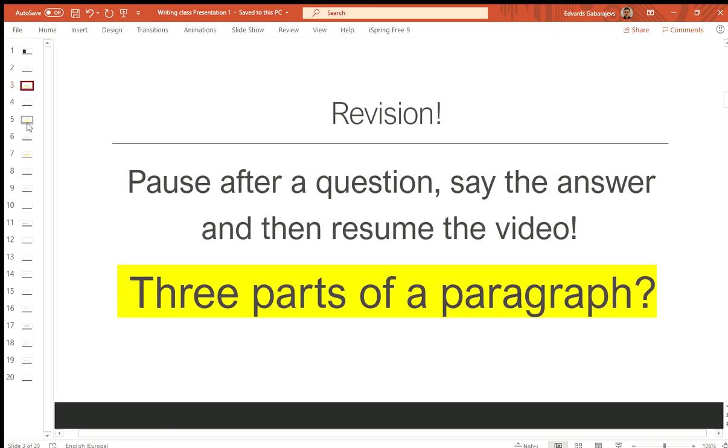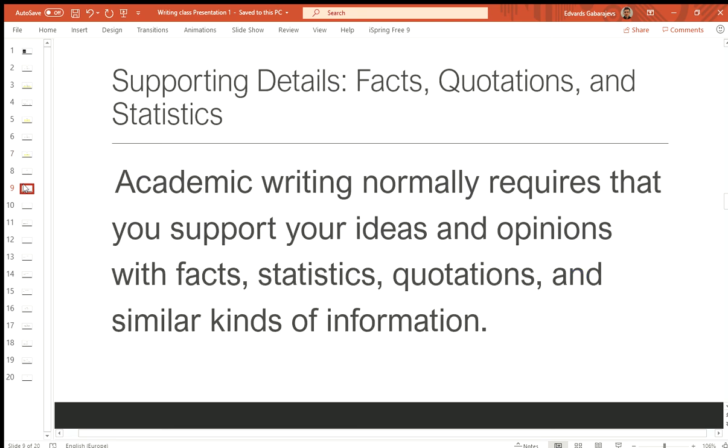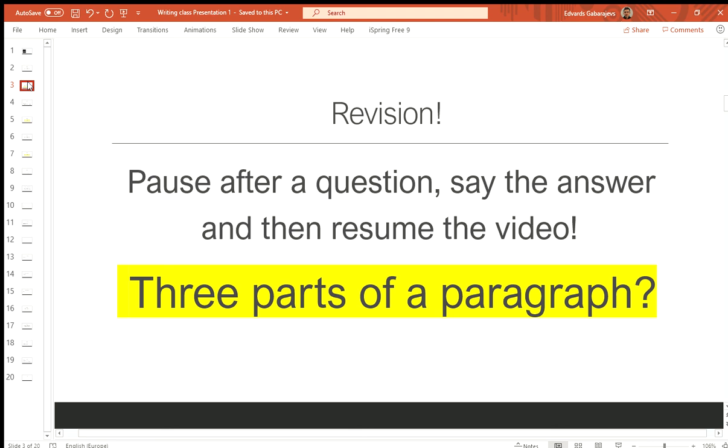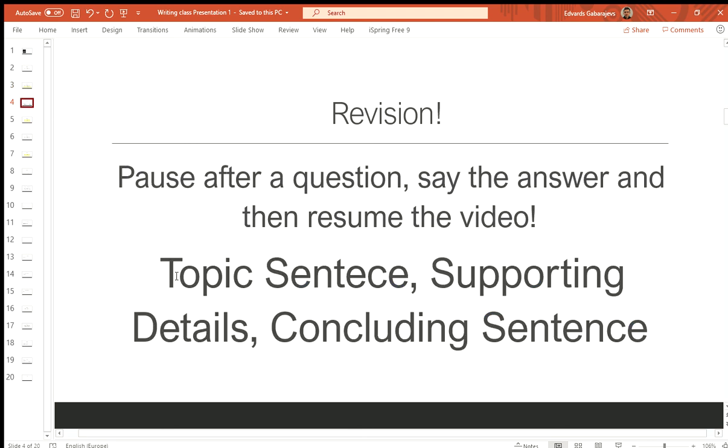So I will summarize, right? I guess a lot of you have already read the handout. This video is an extra support for that. Supporting details, facts, quotations, and statistics. It's a part of a paragraph, right? If we refer back to the three parts of a paragraph: topic sentence, supporting details, and concluding sentence.